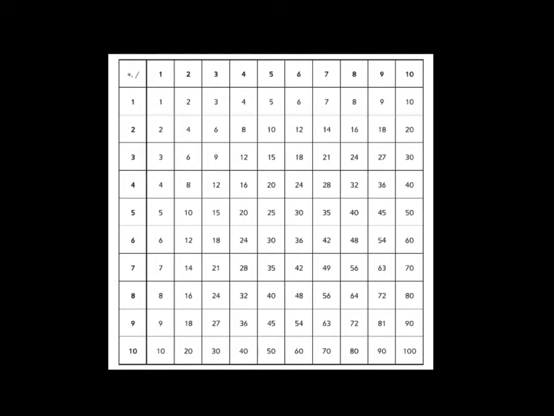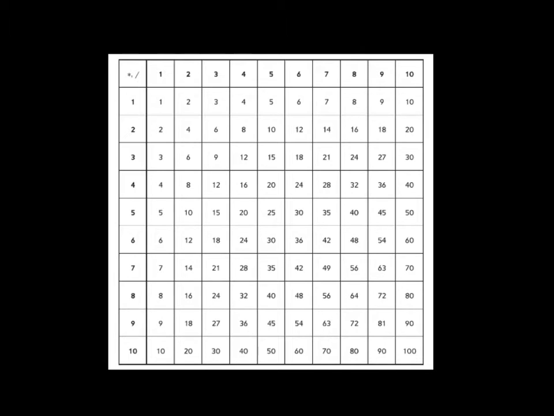Now, how does this work for multiples? Well, let's say I want the multiples of 5, for example. I'm going to start with 5 here, and I'm going to add 5. So of course 5 plus 5 is going to give me 10.